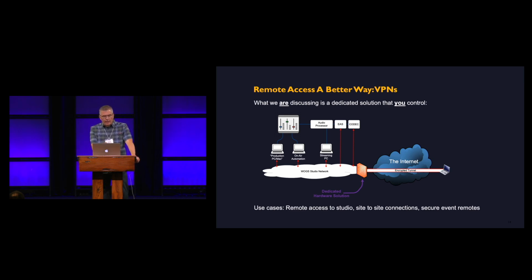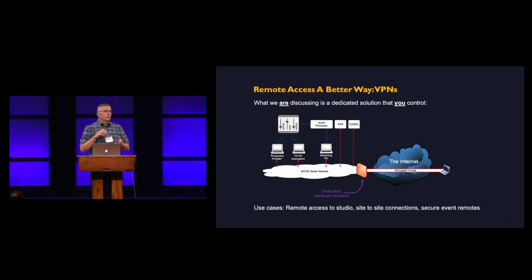So here we have the WOGS studio network such as it is, and I've drawn in a firewall here. And we've got a remote access tunnel from somewhere on the internet going to that firewall. This kind of solution or scenario supports working remotely, right?